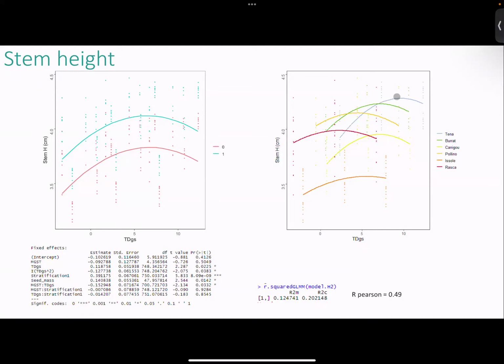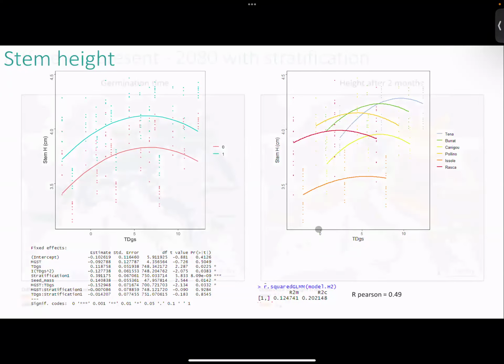And here we see that this effect is more pronounced in the coldest provenance, whereas for the warmer ones, their optimum growth is observed close to the transfer distance of 0, which means a climate that is more similar to today's climate.